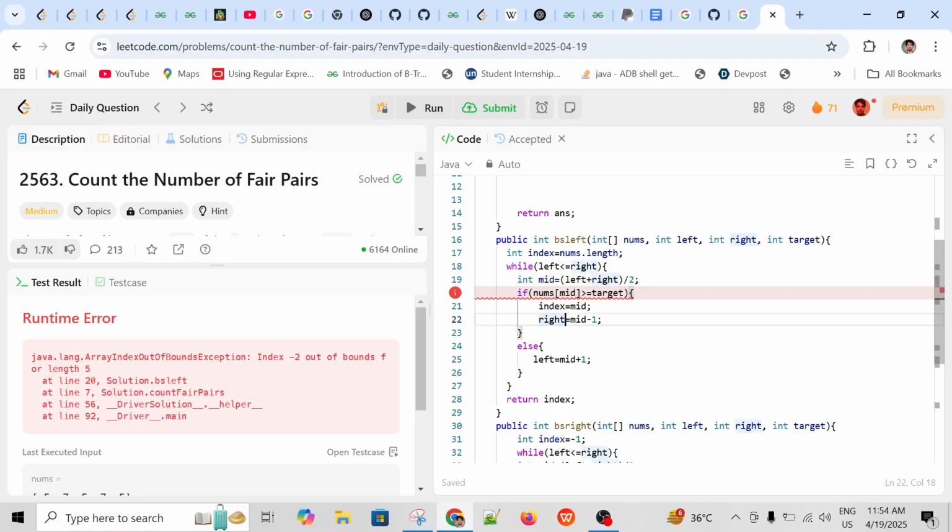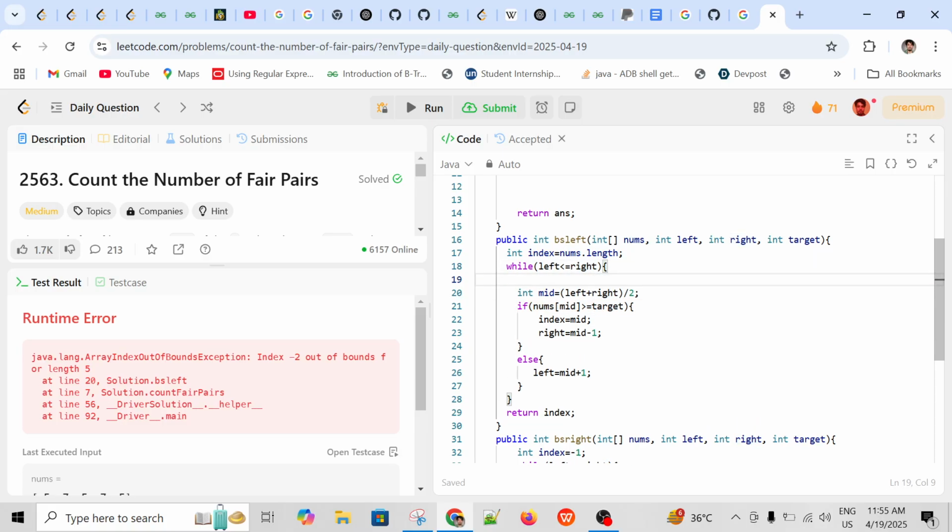No, no, no. How is it converting this to system layout?